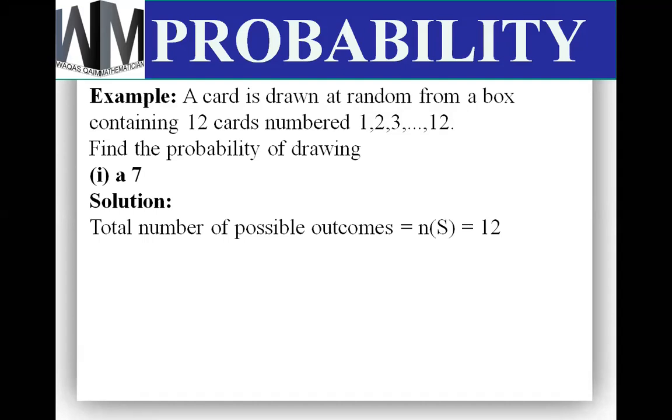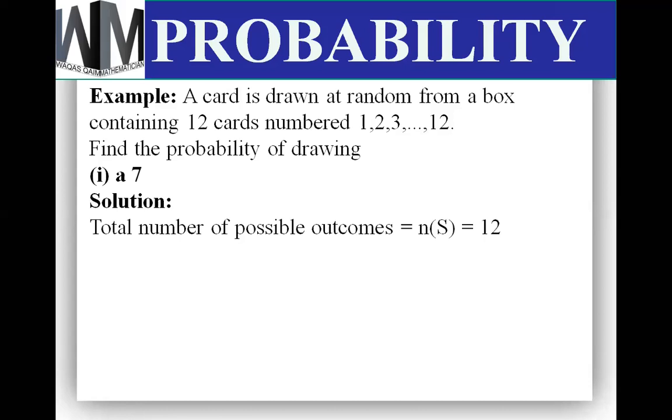So does anyone have any problem with the number of possible outcomes? Okay, so total possible outcomes in this case is 12 because we have 12 cards.